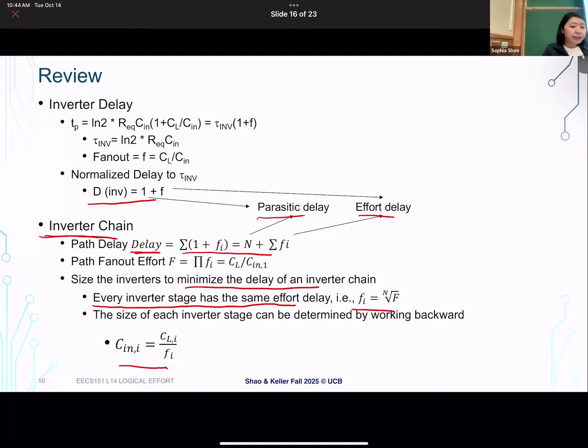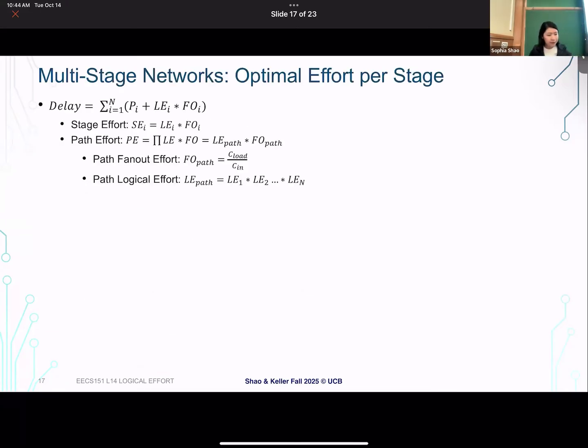We can do something pretty similar to what we did with the inverter chain, but now factor in more complex gates. So now we're doing something pretty similar. It's, again, multi-stage networks, right? We have multiple stages now, and we'd like to figure out how to optimize to get the optimal delay, right?